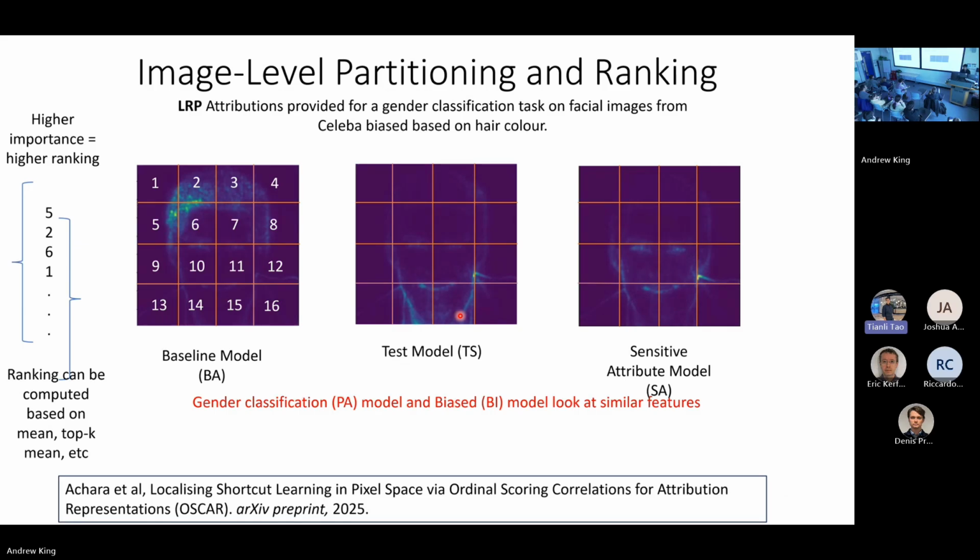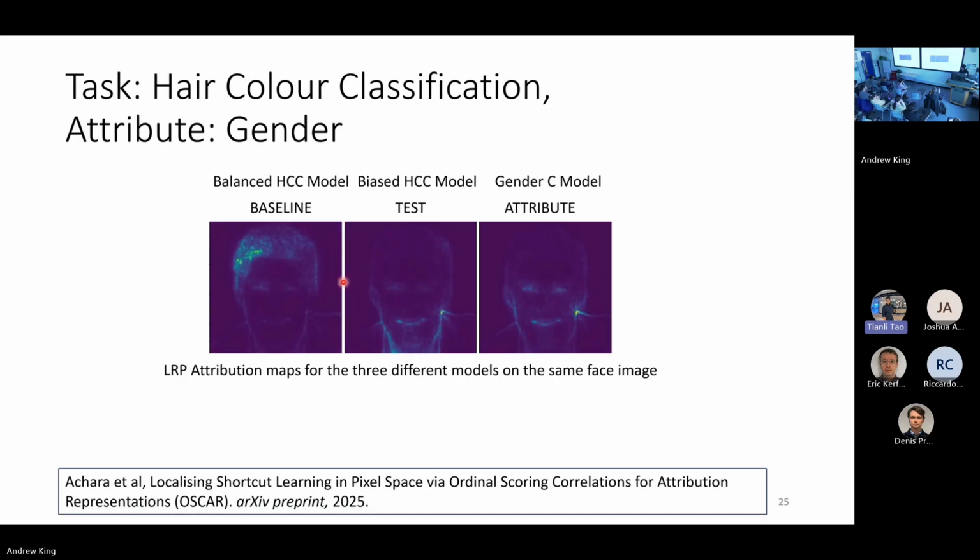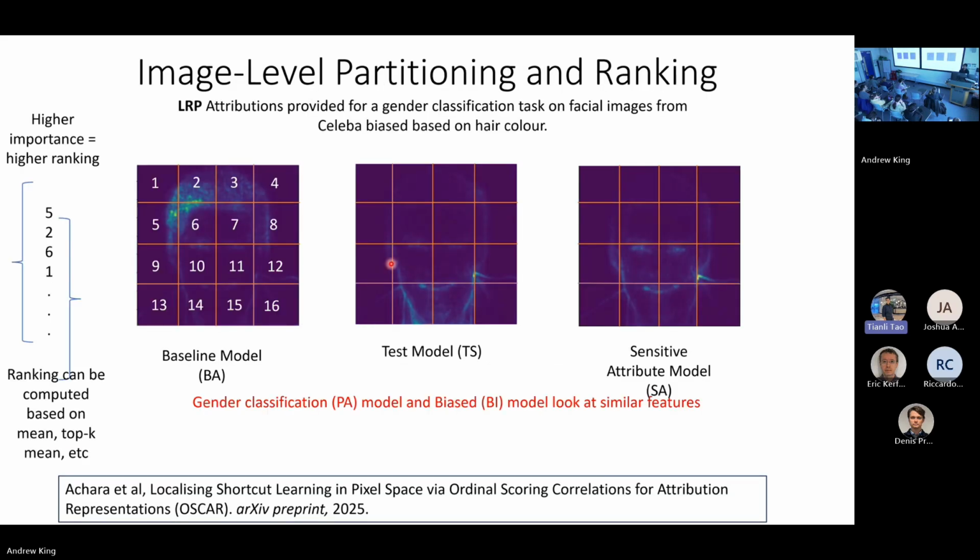This could be noisy across different model trainings or across different examples. For instance, instead of the left part of the hair, it could go to the right part, or it could focus on different face features. We try to tackle the attribution noise by ranking the attributions present in each of these images.